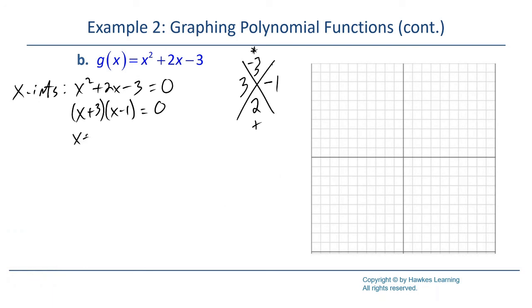Like before, set each term equal to 0. So that gives me x equals -3 and x equals +1. So our x-intercepts are going to be, if I don't write them backwards, -3, 0 and 1, 0. So -3 goes here, +1 goes there.